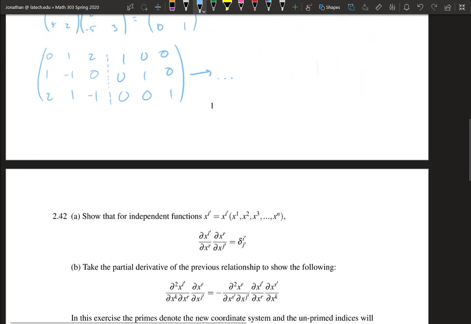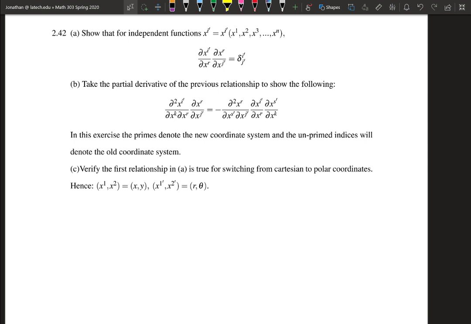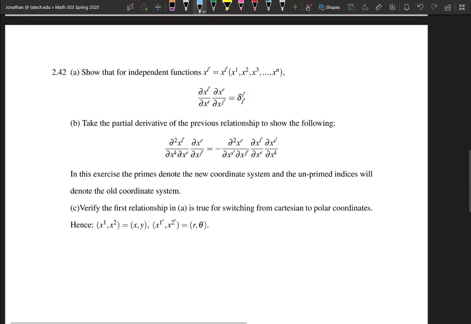Now really where we want to focus is this problem here, because this problem is quite intense. So I'm going to try to take it a little slow, make sure it's going to make sense. But the primes really just denote a different coordinate system.